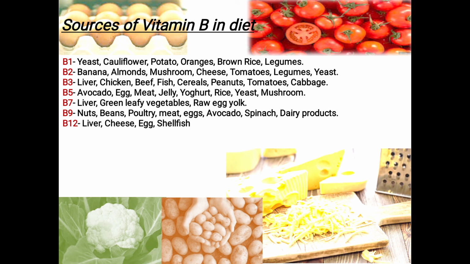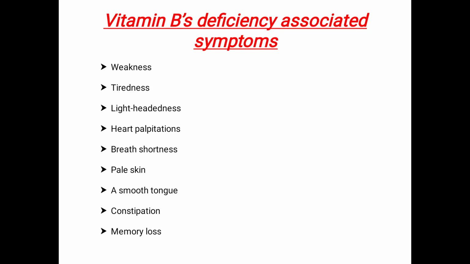Then, talking about thiamine. Thiamine is vitamin B1. You get it from oranges, brown rice, legumes, cauliflower. Then, last, cobalamin. So, cobalamin you get from liver, cheese, egg, and cobalamin is vitamin B12. So yes, I hope you were able to understand the different sources of vitamin B. Now, as I told you, there are different deficiencies called beriberi, pellagra, paresthesia.